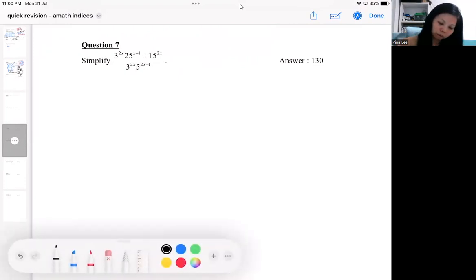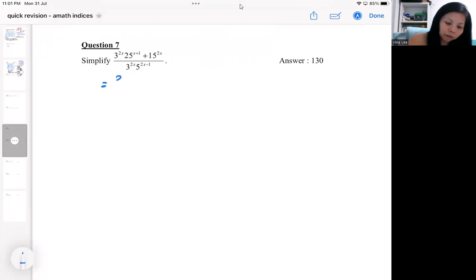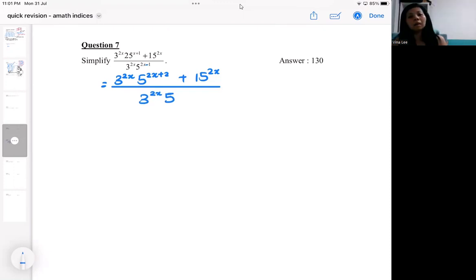However, you still need to try to simplify the base. So for example, here, I realized that 25 is 5 squared. So I can do it this way. And here, because it's already a prime base, I'm going to split. So I'm going to do it like this.